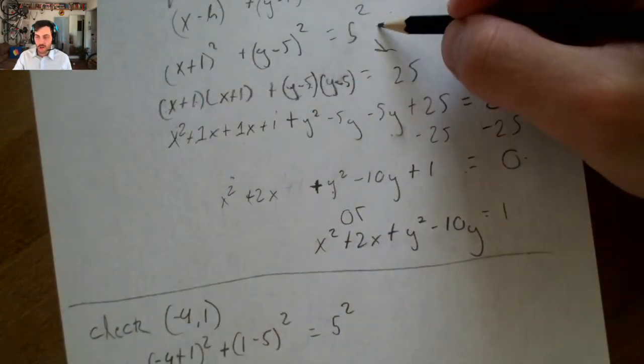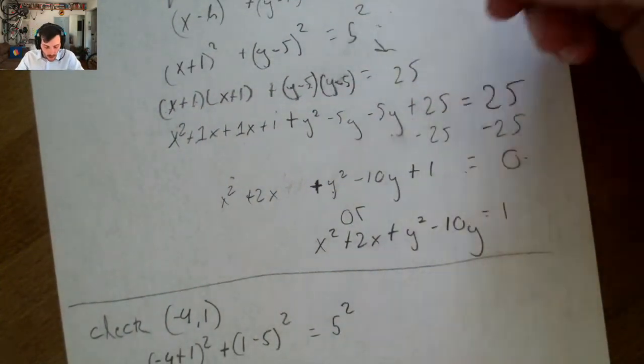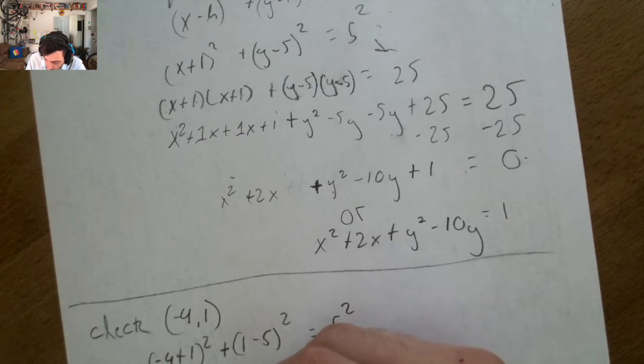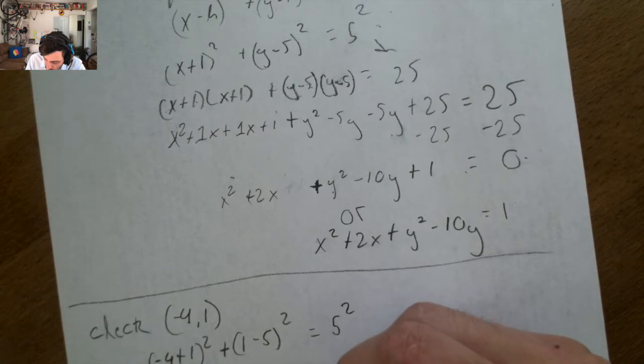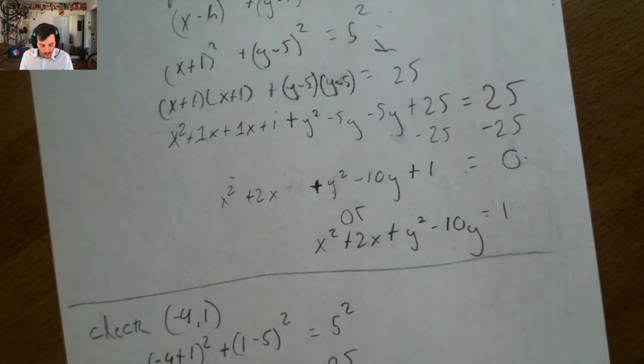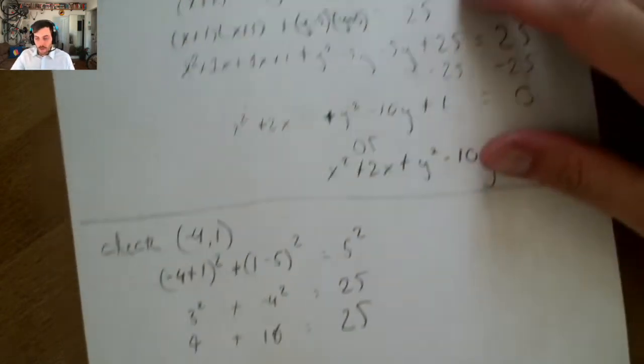So we're pushing in our values for our original equation here. If we reduce everything down, we're going to have 3 squared or 9, negative 4 squared or 16, and 9 plus 16 is equal to 25.